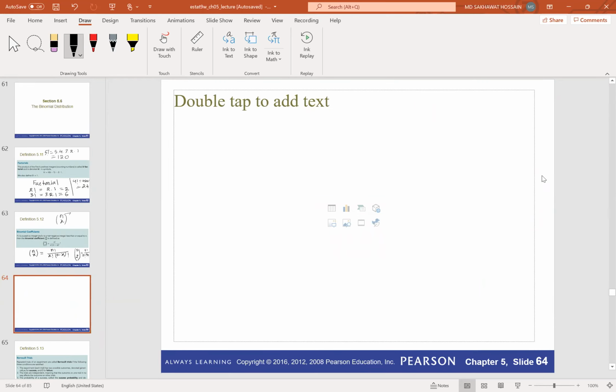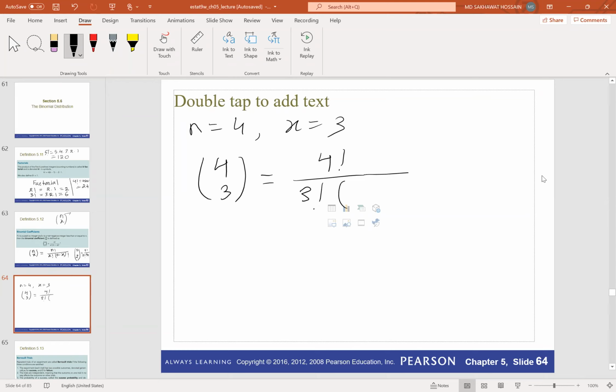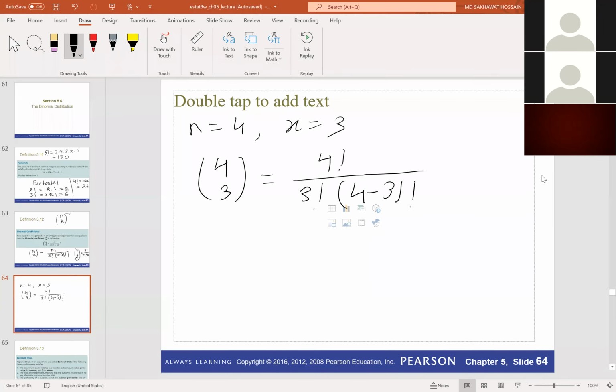Okay, so let's consider n equal 4 and x equal 3. Then this means 4 combination 3, which is equal to 4 factorial over 3 factorial times 4 minus 3 factorial.